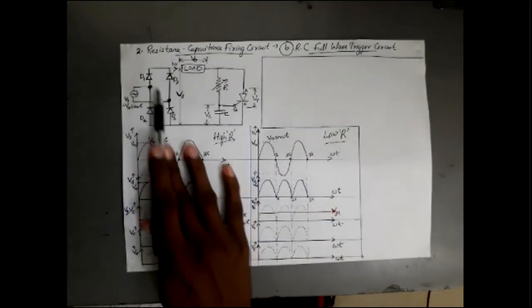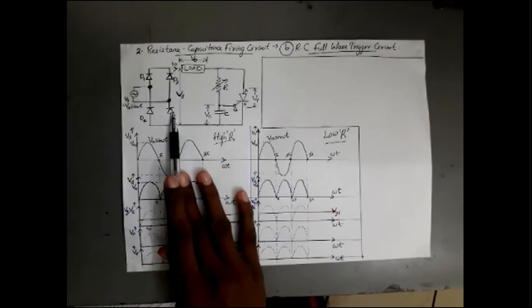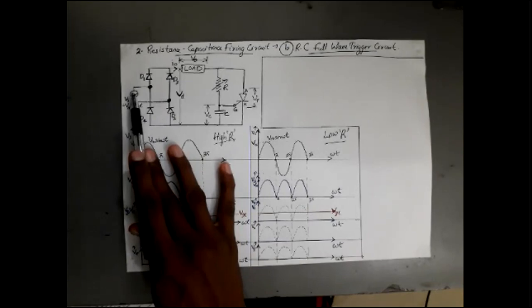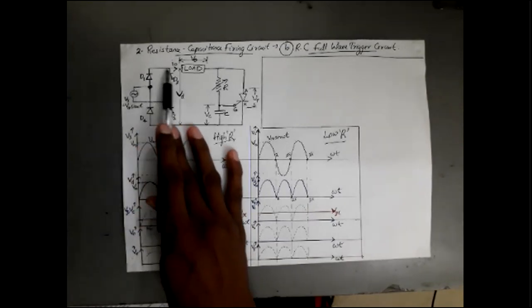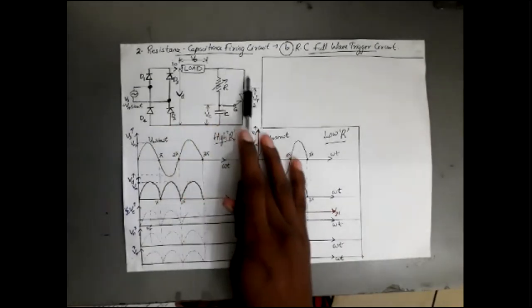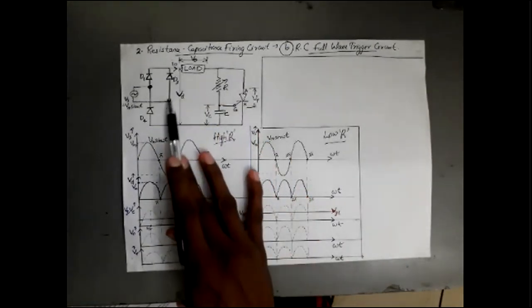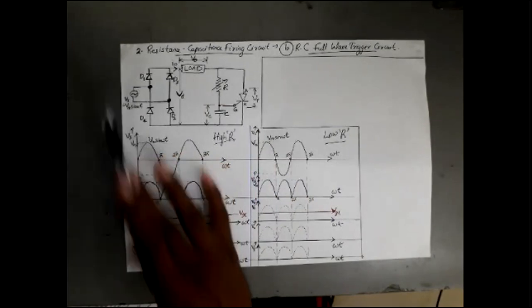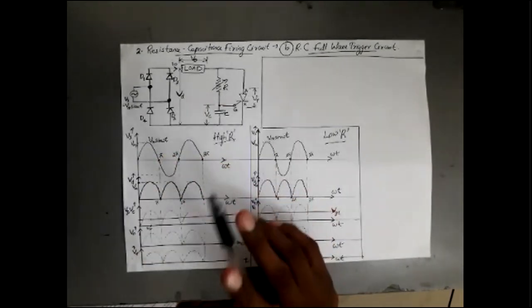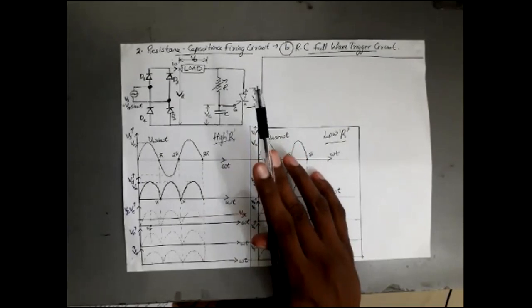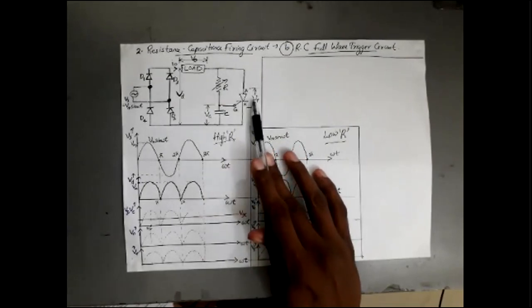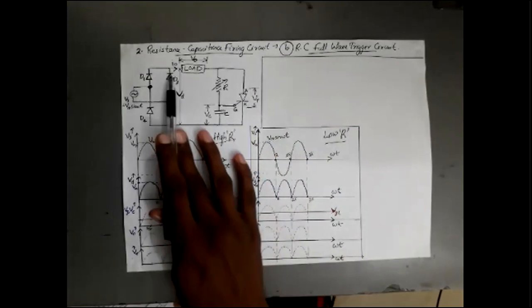So D1 and D2 get into conduction during the positive half cycle. The direction of current will be from Vs to D1, through the load, through the thyristor, through D2, and it completes at Vs. And keep in mind, since my thyristor is off during this condition, a very small current will be flowing through the circuit.